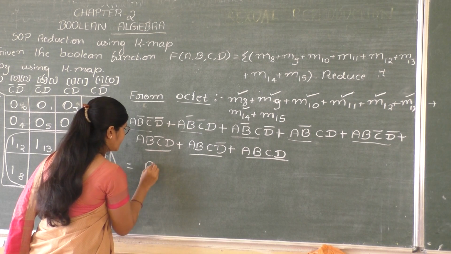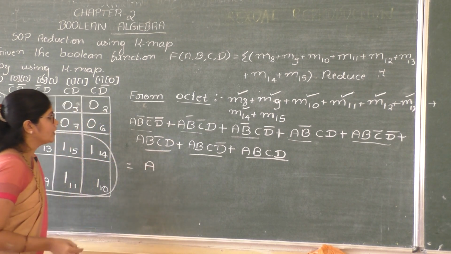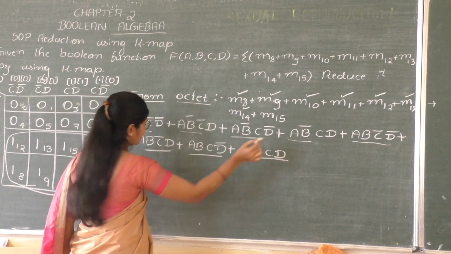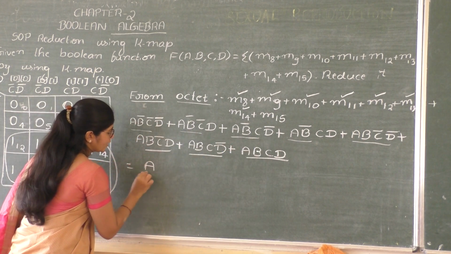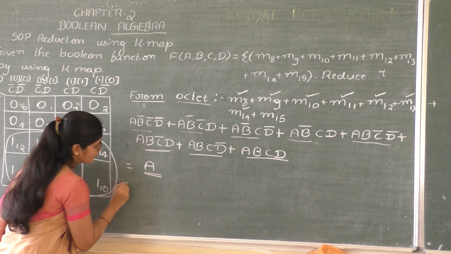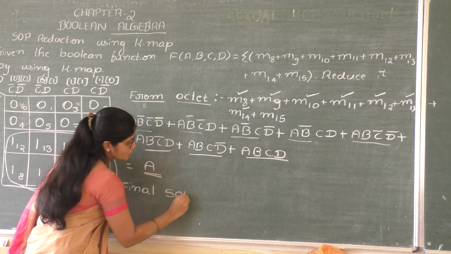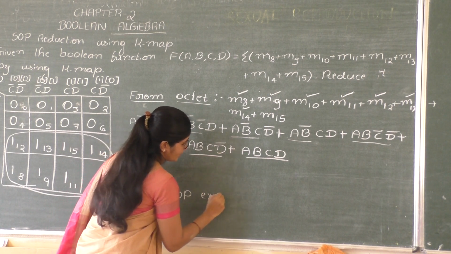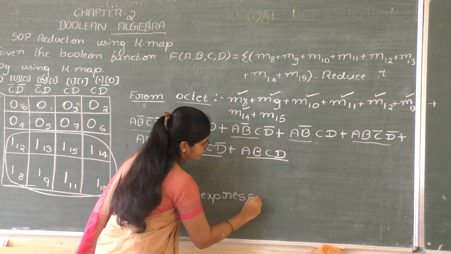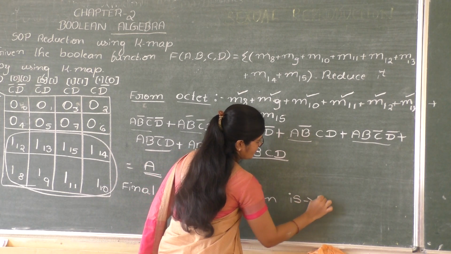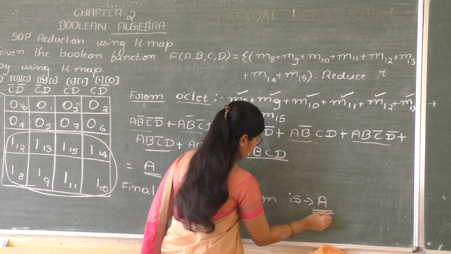So write the variable. And remaining variables B bar, C bar, D bar are not common. So don't write those variables. So final SOP expression is A.